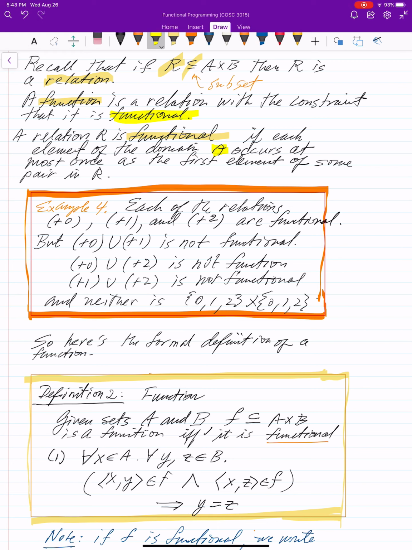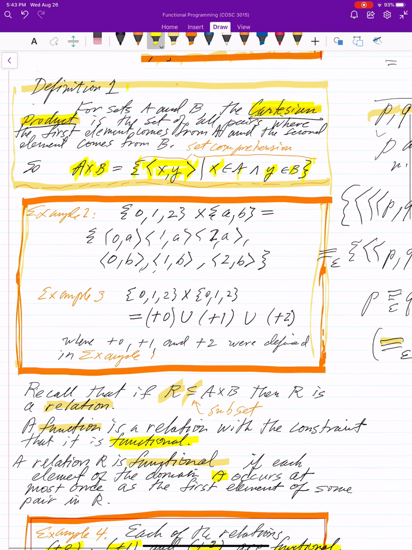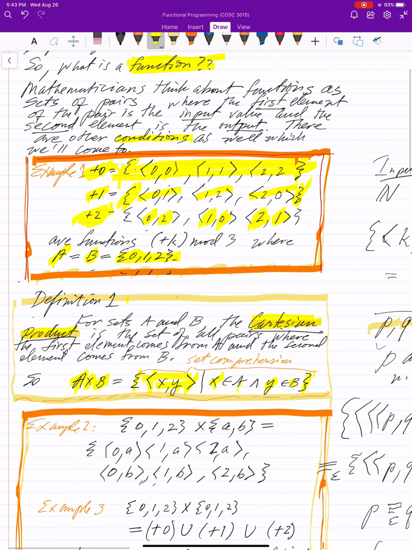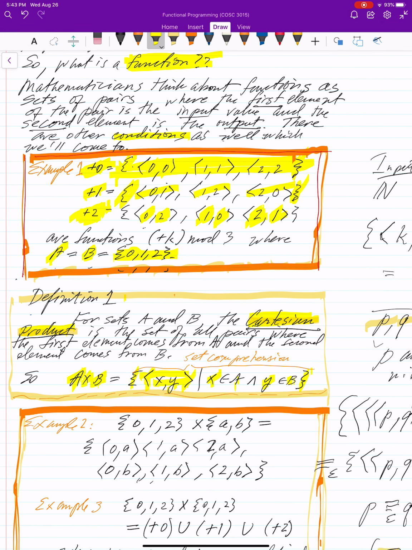But look, each one of the things that we defined before up in the example, plus 0, plus 1, plus 3, all those functions mod 3, they are functional. If you look back up here at plus 0, 0 occurs only once, and 1 occurs once, and 2 occurs once.